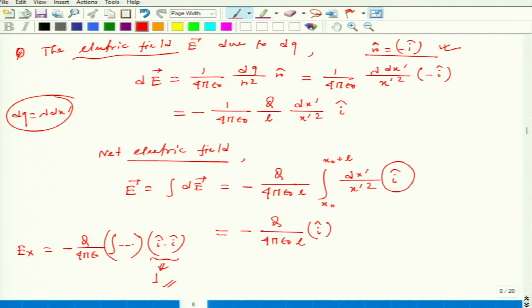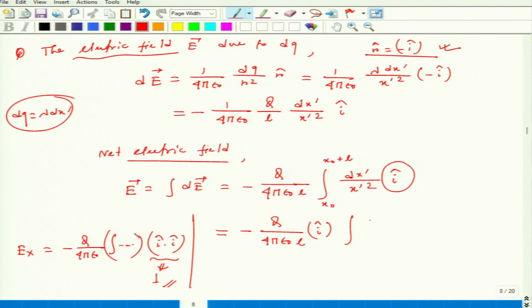Therefore, only the x component of the electric field is non-zero, and the other components become 0. That is why we are just writing it in vector form, with i cap taken outside of the integral.